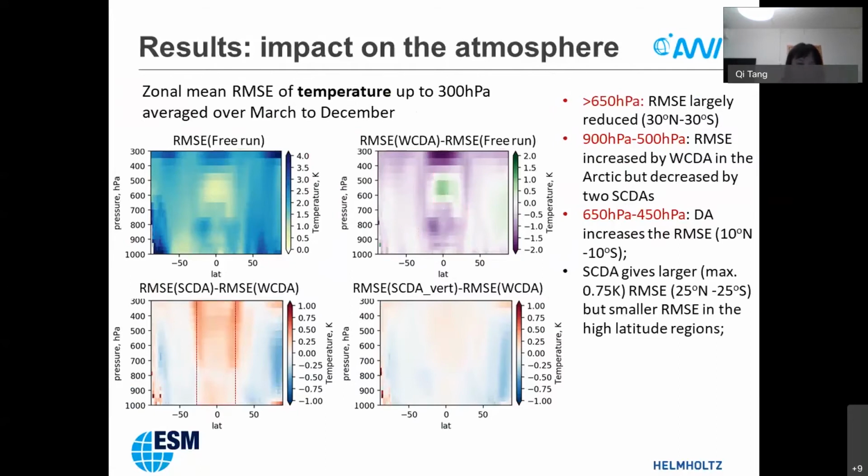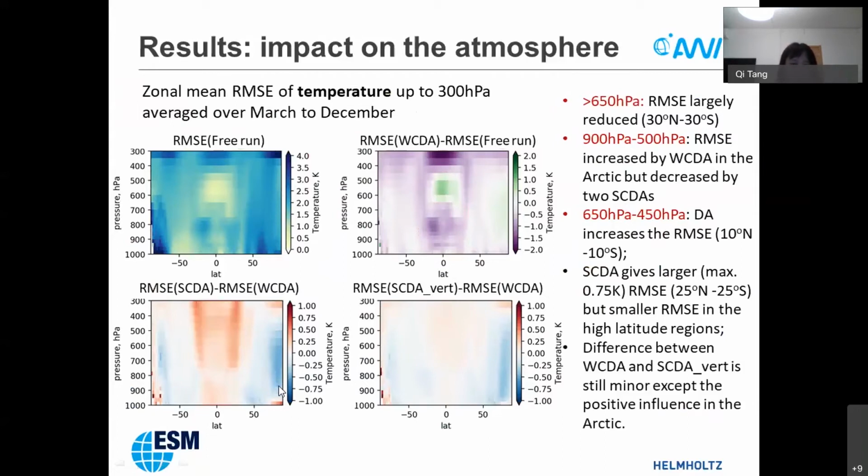Compared to the weakly coupled data assimilation, the strongly coupled data assimilation gives larger RMSE between 25 degrees north and 25 degrees south, but still smaller RMSE in the high latitudes. Similarly, the difference between the strongly coupled data assimilation with vertical localization and the weakly coupled data assimilation is again very minor, except for this positive influence in the Arctic.